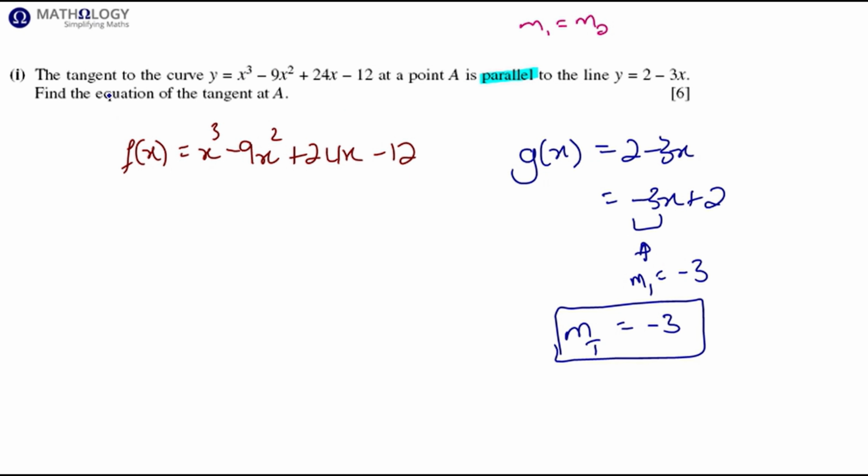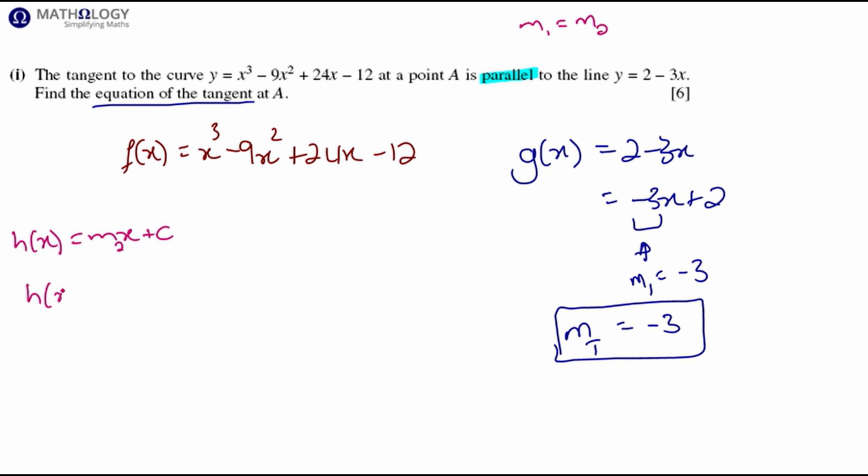Now bear in mind, to find the equation of a tangent, we're required to find the equation of a straight line. So we'll call this tangent h of x. So h of x equals mx plus c. Let's call that gradient 2, m2, because we know that the gradient of the tangent, so the gradient of h of x, is equal to the gradient of g of x.